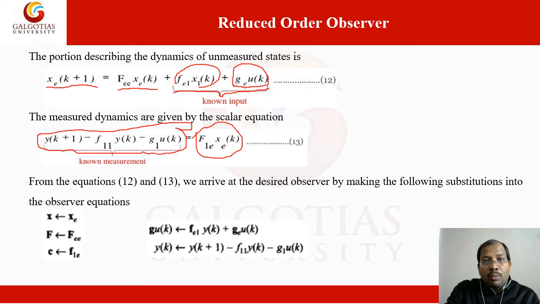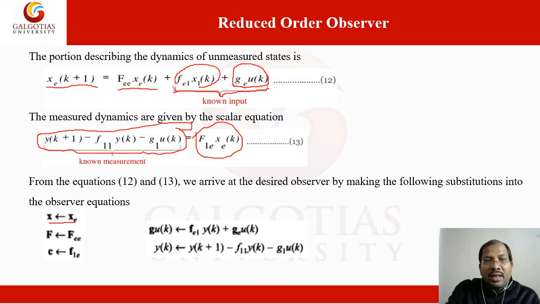From equations 12 and 13 we can see that x can be replaced by xe, F can be represented by Fee, and F1e can be represented by C. Just like we compared with the previous observer, x is equivalent to xe, Fee is equivalent to F, and F1e is equivalent to C. And Ge u k is equivalent to this value.